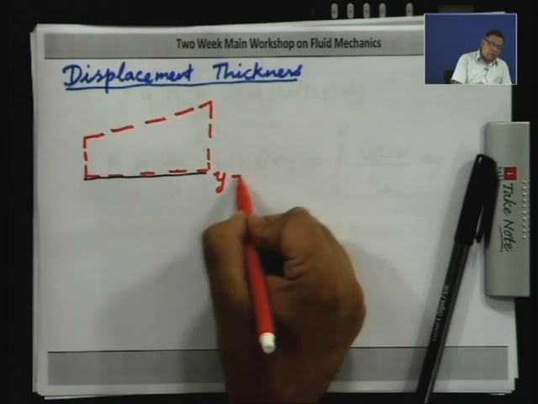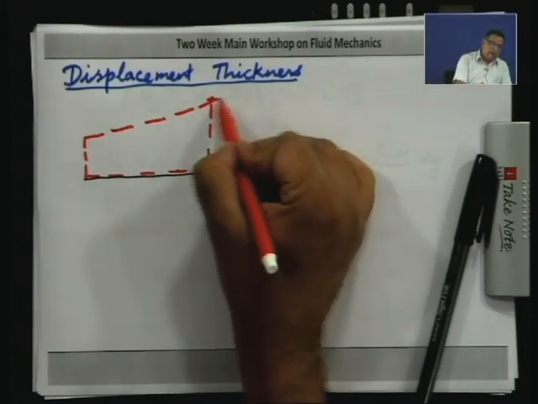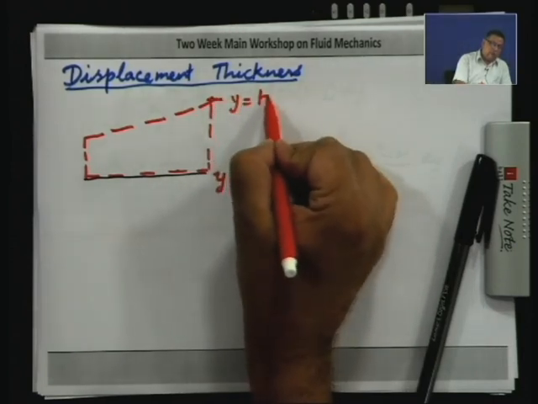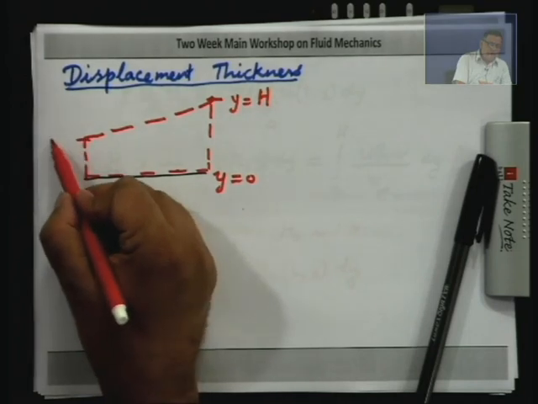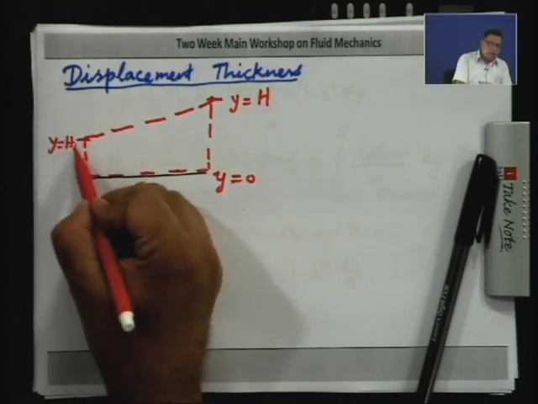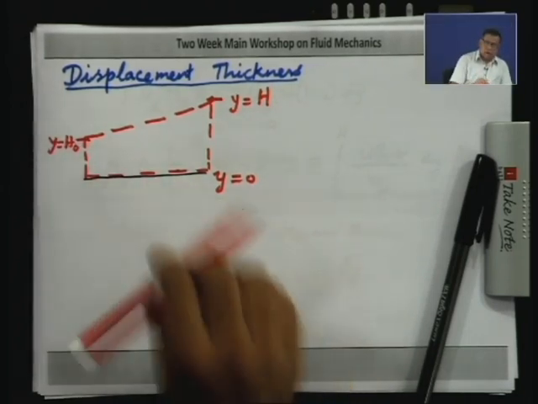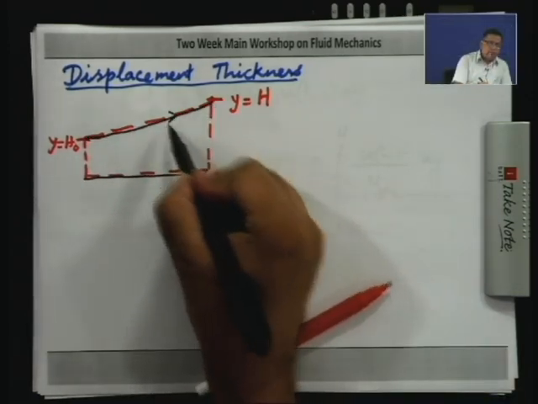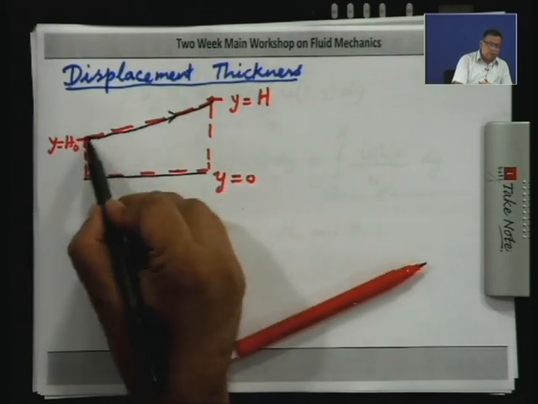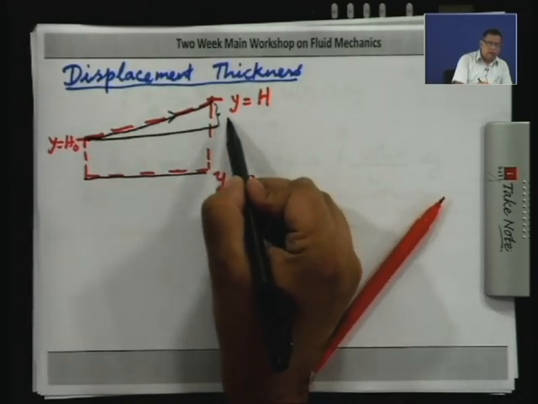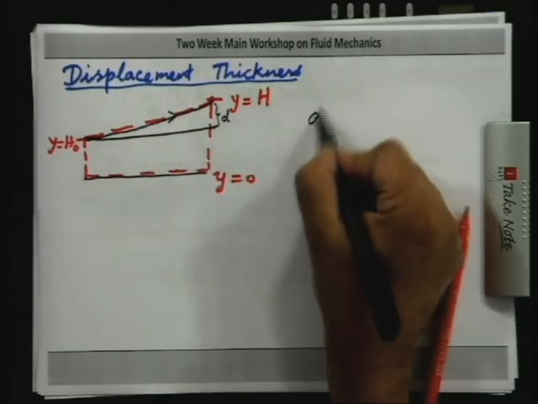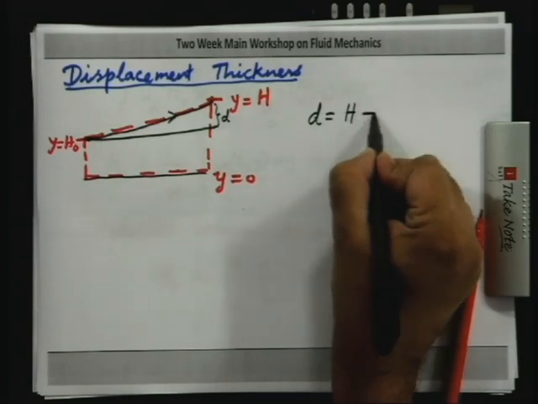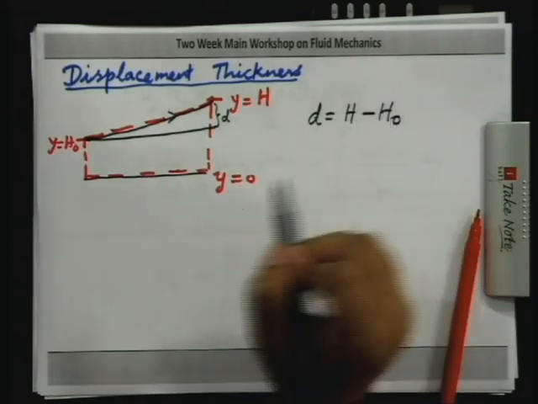So, the plate is y equal to 0, this point here is y equal to h and this point is y equal to h naught. So, what you see is that the streamline has been displaced outwards by this amount which you can call d. So, d is h minus h naught.